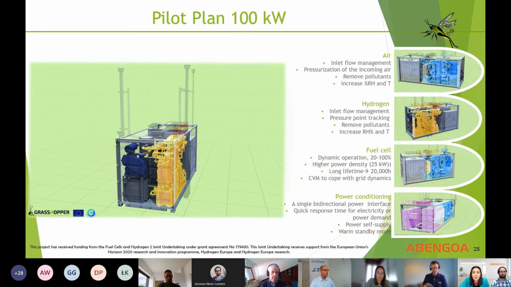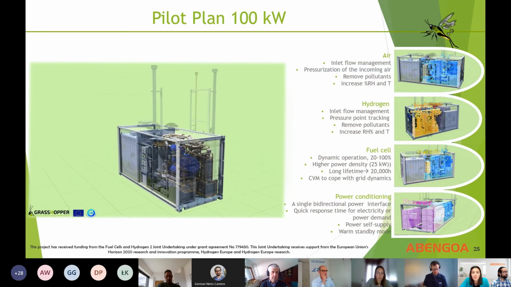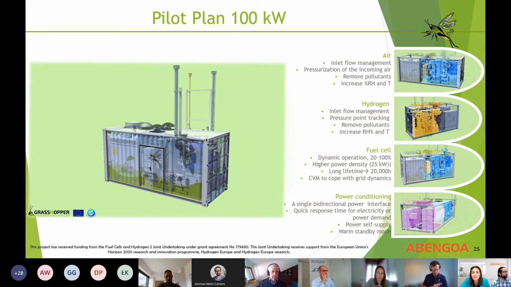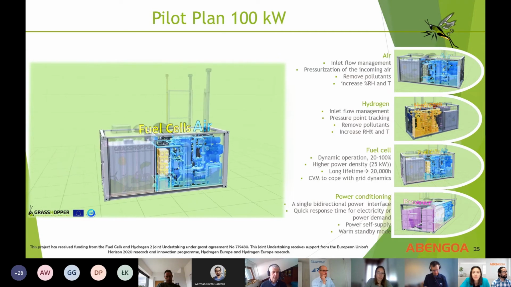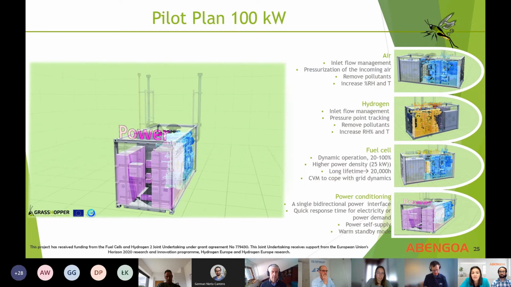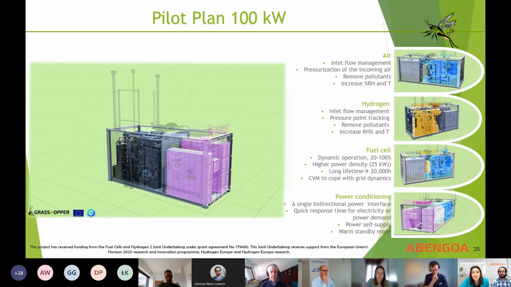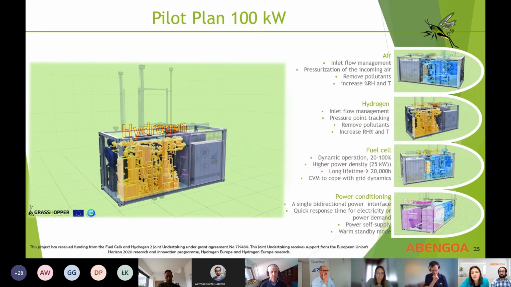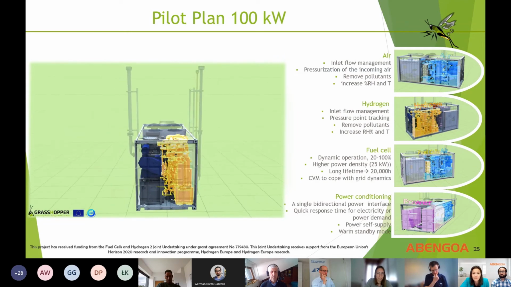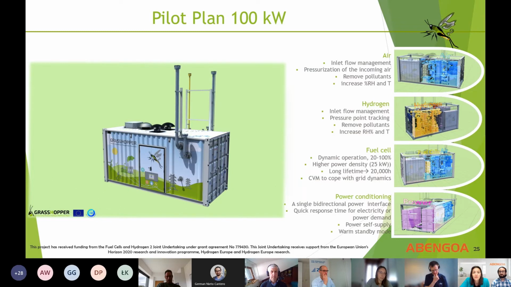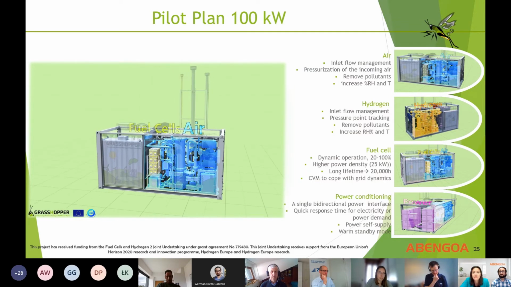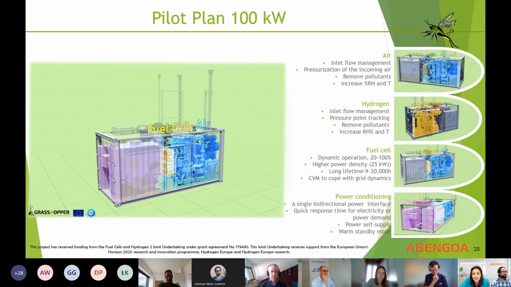As a fuel cell power plant, the heart of the plant is the fuel cell, which generates electricity, heat, and water through a combination of hydrogen and oxygen. So we can distinguish as main functional units inside the container the fuel cell, the air, and the hydrogen, without forgetting, and no less important, the power conditioning system.